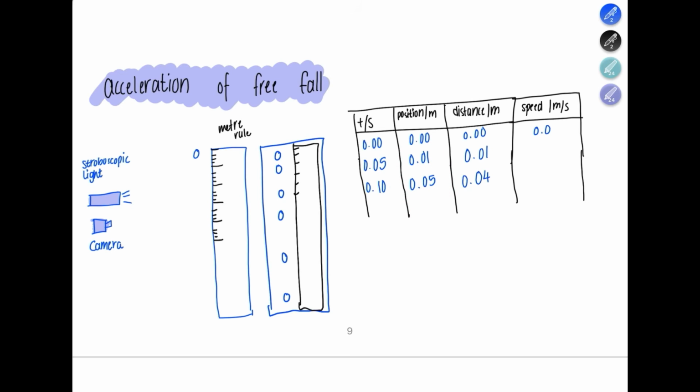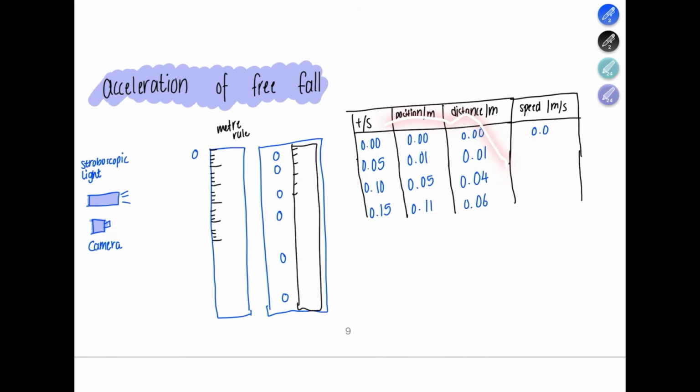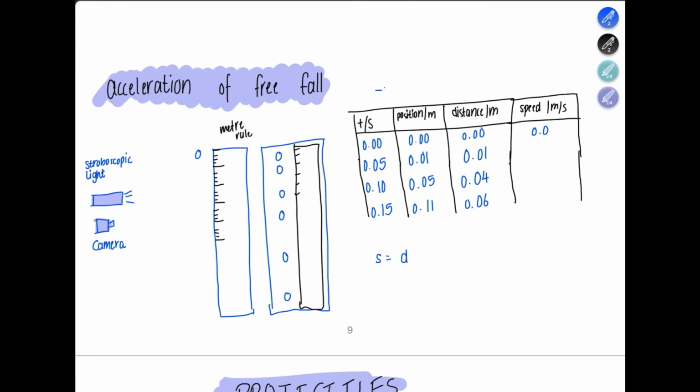Okay, so notice the difference between position and distance. Position is where the ball is when you look at the meter rule, and distance is the distance traveled in this time period. Okay, using these values we can calculate the speed. Remember, speed is distance over time, so it's going to be this distance. Okay, not the position, make sure of that. Speed equals distance over time. But what is the time?